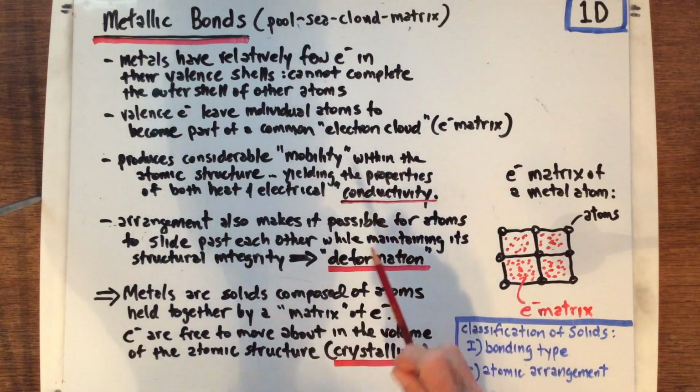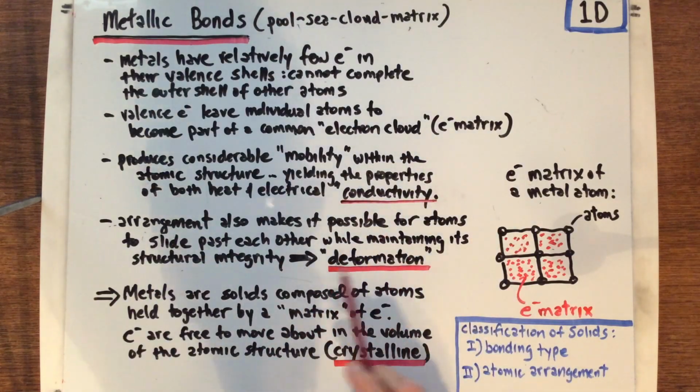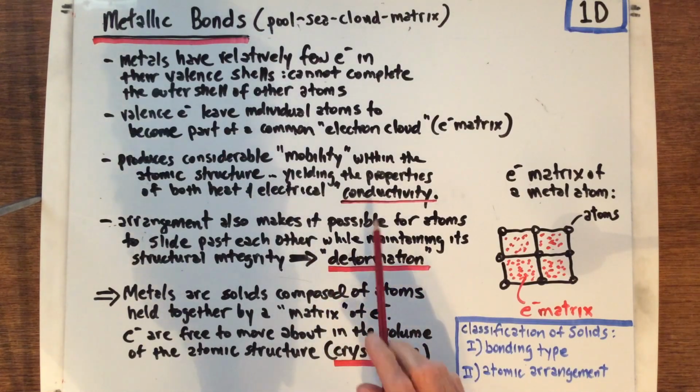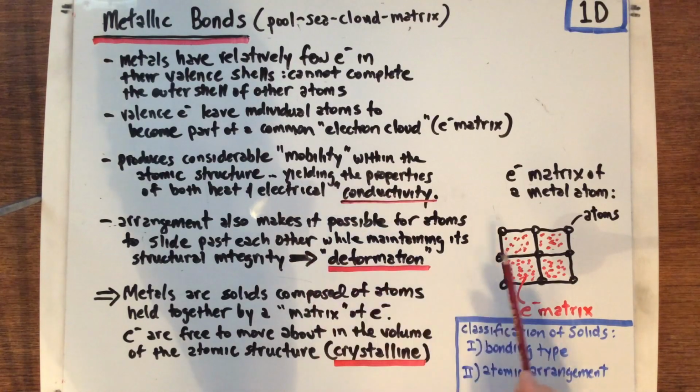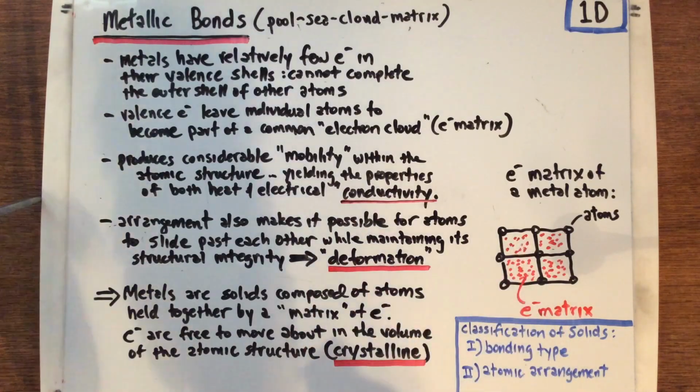Okay, so it's all based upon this property of deformation, based upon these electron matrices. And so, to sum it up, metals are solids composed of atoms held together by a matrix of electrons. And the electrons are free to move about the volume of that atomic structure.